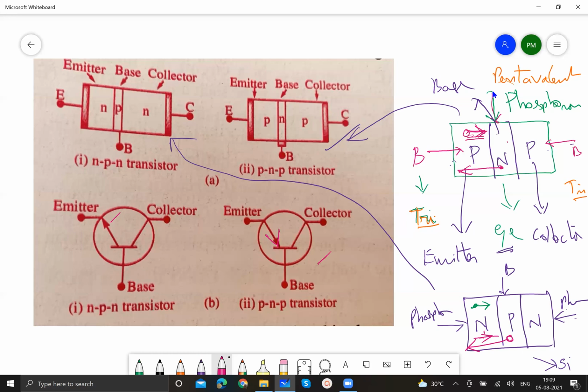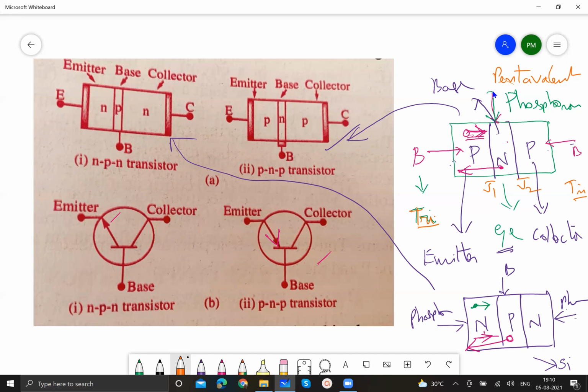So, we have designed two circuit symbols based on the direction of the conventional current which flows through these two transistors. And second thing is, you must have identified, we have emitter and base and collector. We call this emitter and base, the common region of emitter and base, we call it the emitter base junction, and the other region which is common to both base and collector, that is called the base collector junction.